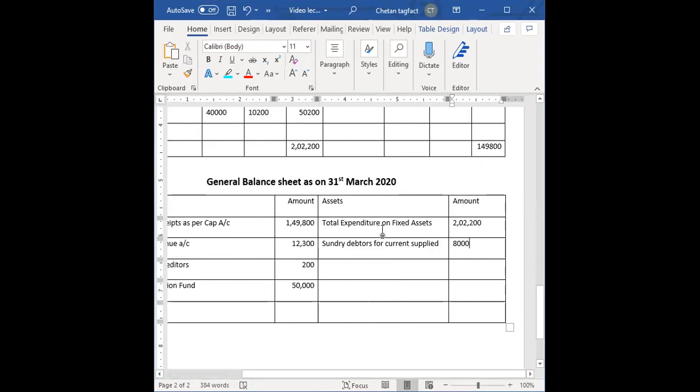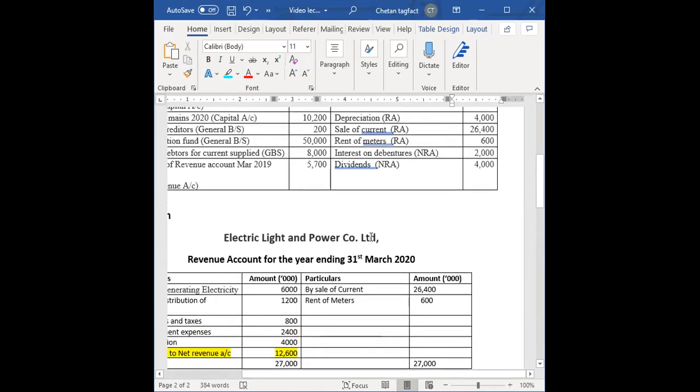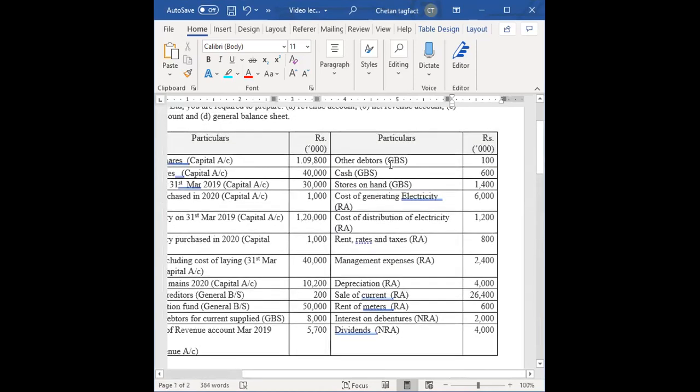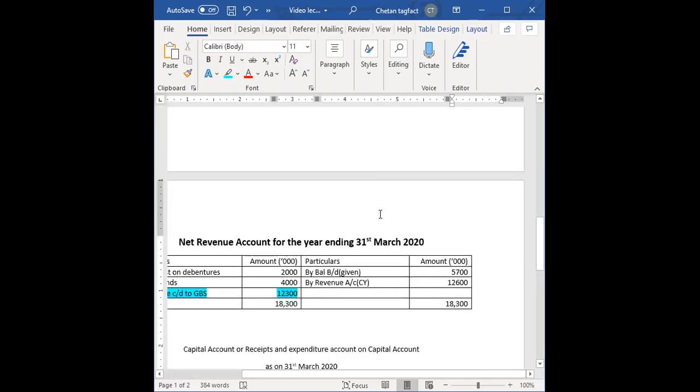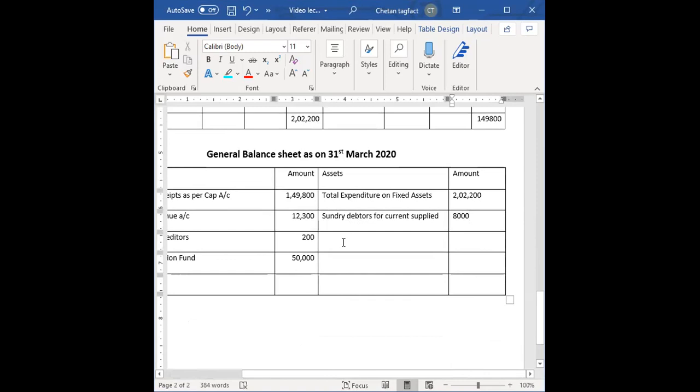And the next item we have is other debtors, then we have cash and stock on hand. Only these three items are left out, which are to be taken into your general balance sheet. So we have other debtors, which amounts to 100 rupees.